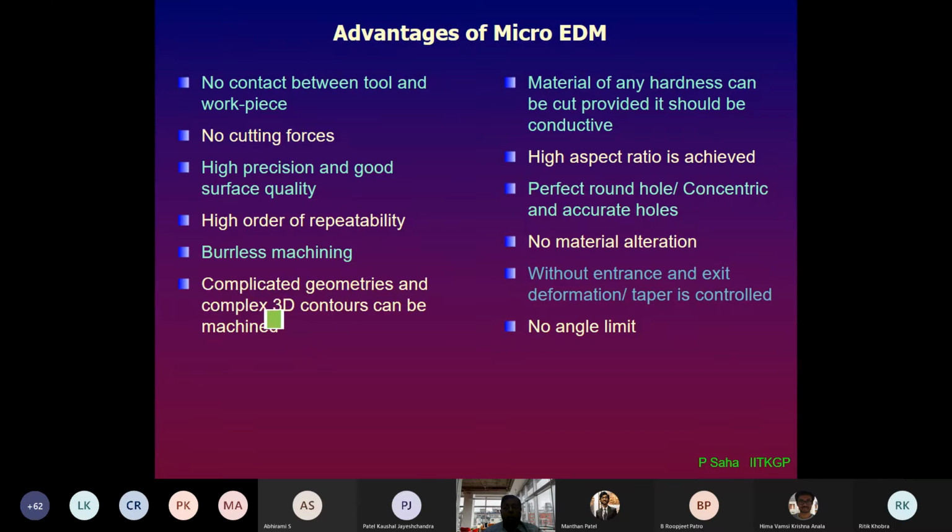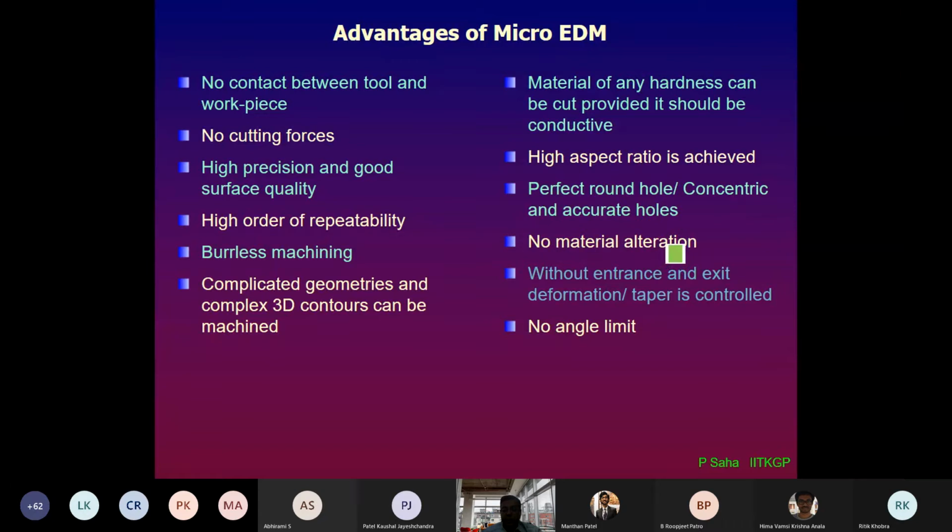Complicated geometries and complex 3D profiles can be generated. Hardness is not a constraint of the material. High aspect ratio, as I said, for a hole we can easily do about 1:10, that is diameter to length ratio. Perfect round, concentric and accurate holes can be done.